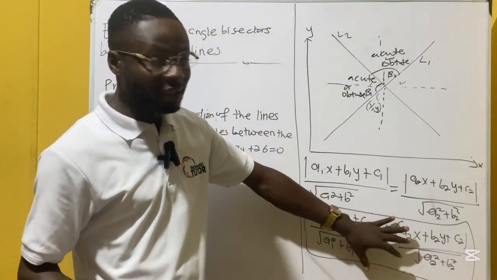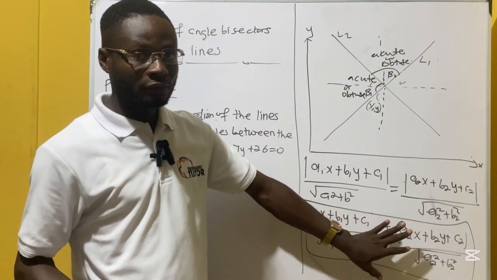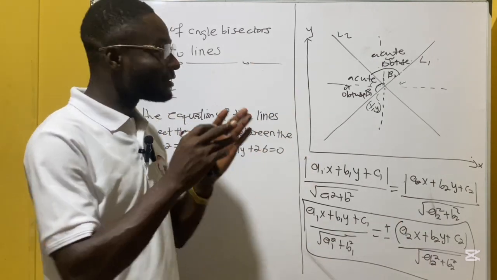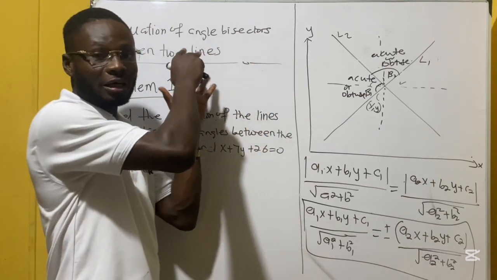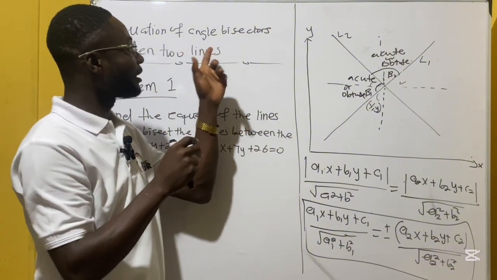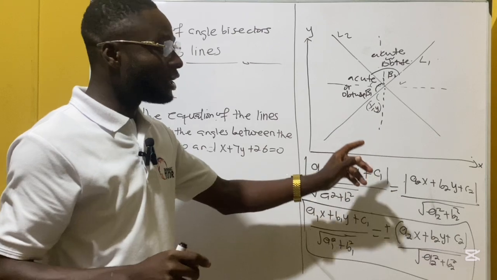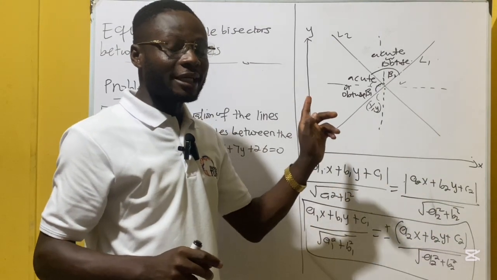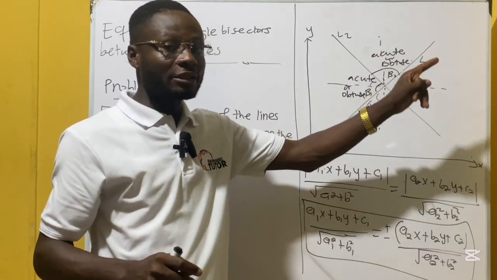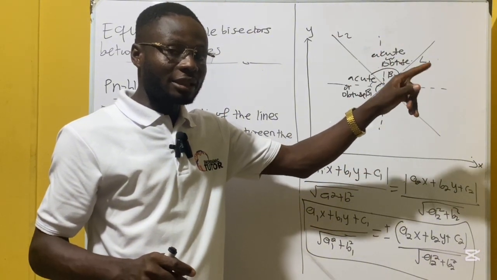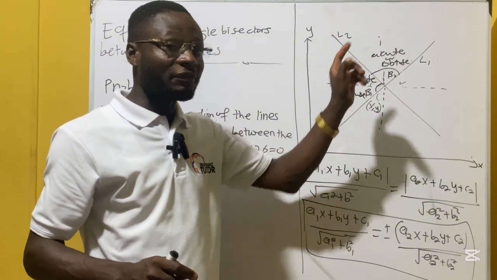That is what is making this formula useful. Other than that, we don't really have any standard formula for this particular concept, the equation of angle bisectors between two lines. That is why we used the formula for the distance of a point from a line.